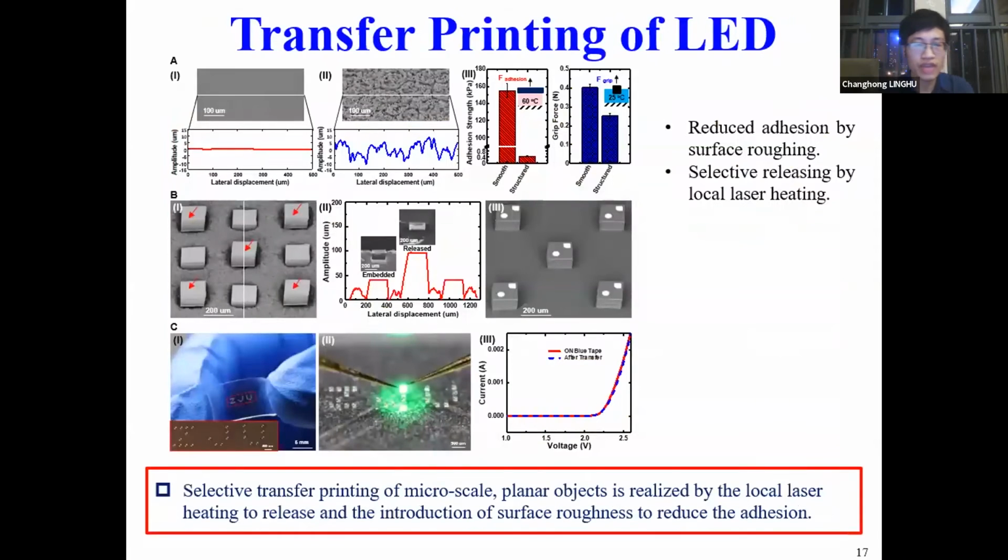But for some planar objects, for example the LED chips, the contact between the objects and the gripper is relatively large. The adhesion will prevent the release. But for our gripping scheme, we do not rely on adhesion, but the embedding of the objects.